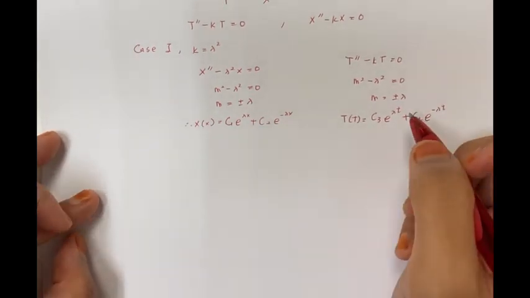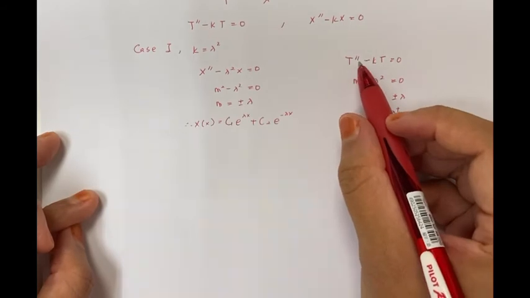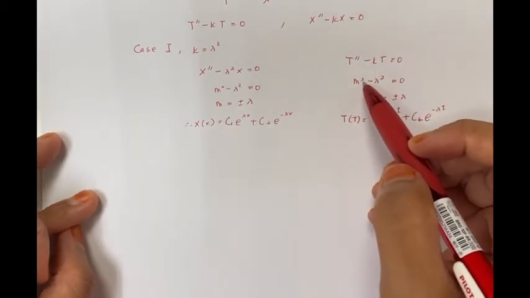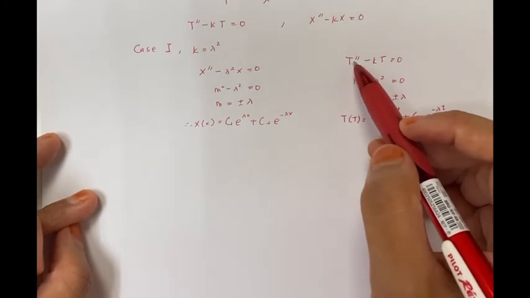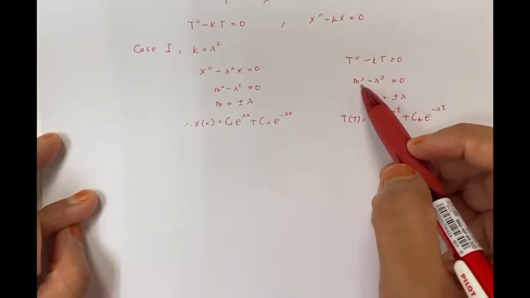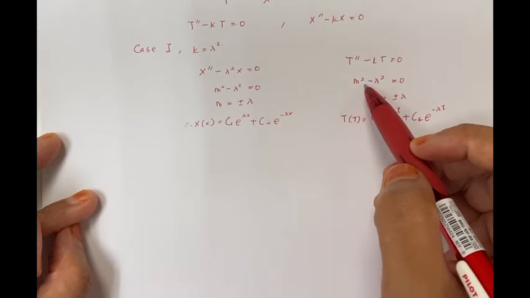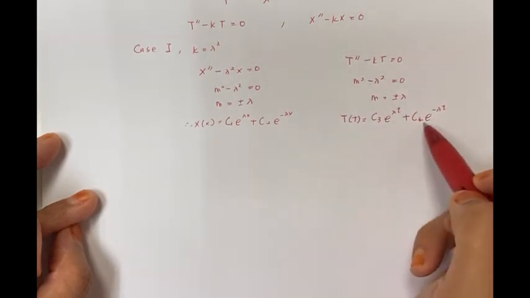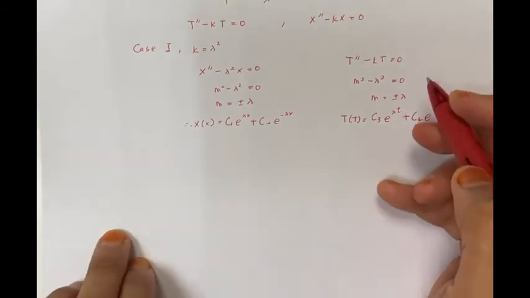Before this, in the previous example, you just had T prime minus kT. You just have one root because m is 1. It's not quadratic. But now, since you have T double prime, your characteristic equation is a quadratic equation. So you have two roots and then you have this general solution for T.